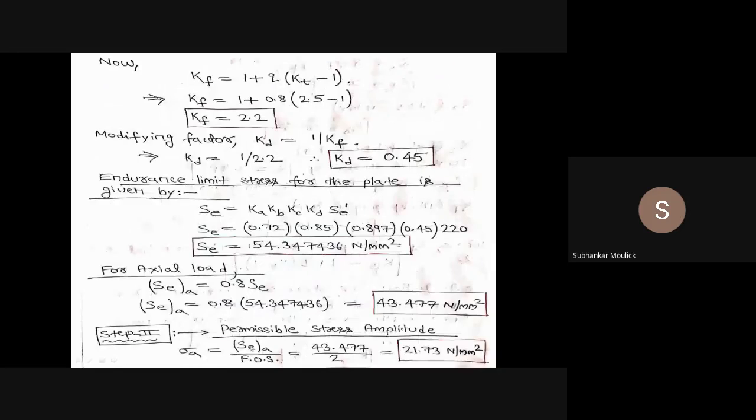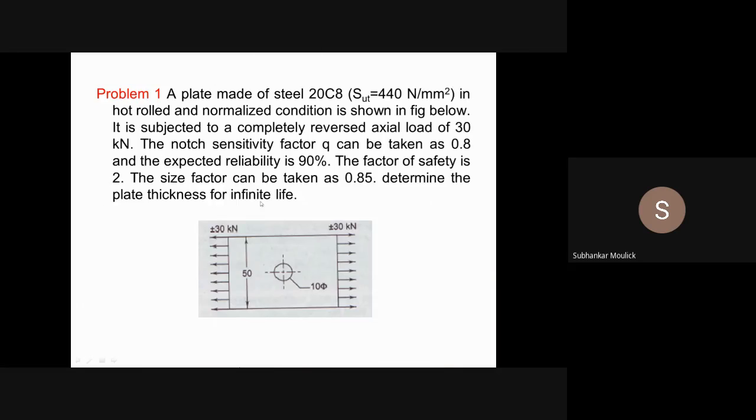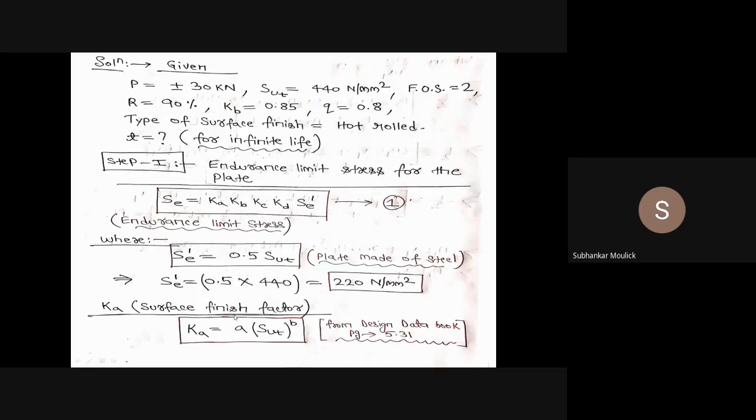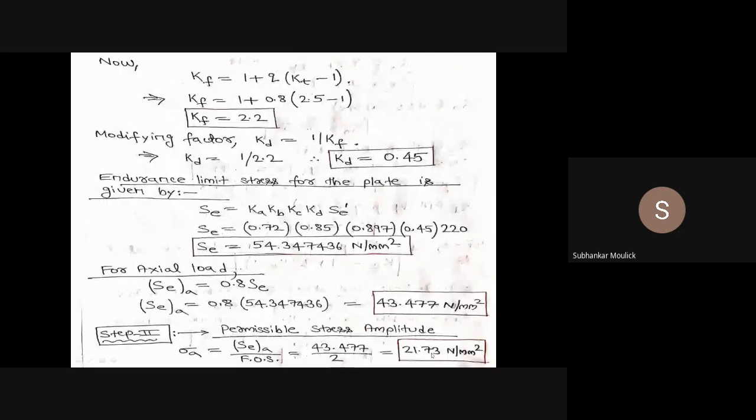SE axial we have calculated, 43.477, divided by factor of safety 2. So permissible amplitude stress is 21.73 Newton per millimeter square. That means the maximum permissible endurance limit stress in axial condition for this problem is 21.73 Newton per millimeter square.